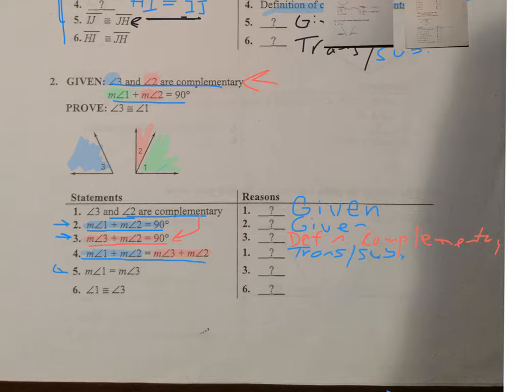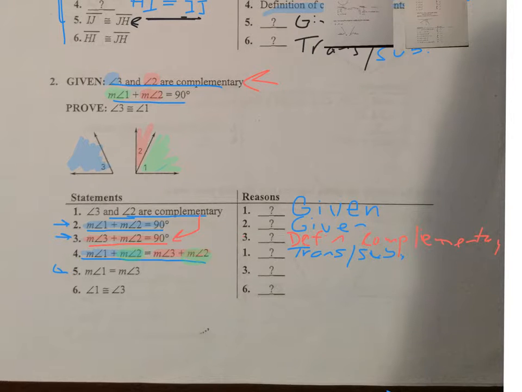We've got M1 plus M2 is equal to M3 plus M2. Well, I've got something that's the same on either side of my equation. I've got M2 right there, and I've got M2 right there.